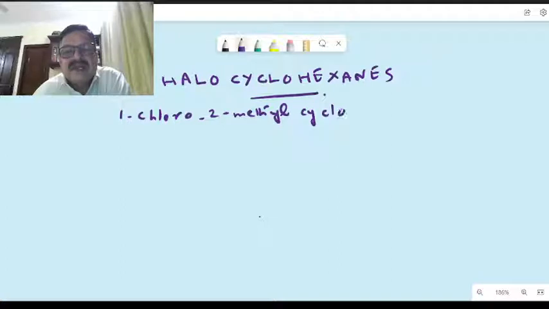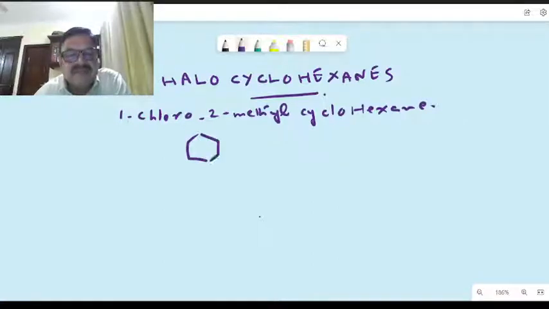Let us see how it looks. One example here. So 1-chloro, 2-methyl cyclohexane, the planar ring, we can represent it in this fashion. That is, chlorine can be on a wedge here, and this methyl group can also be on a wedge. This is one possibility here.